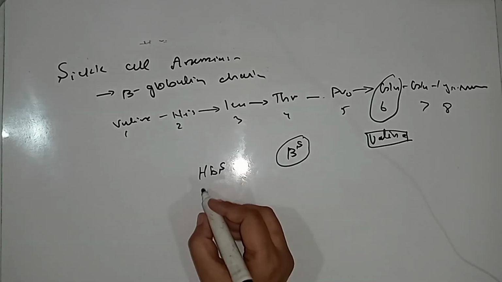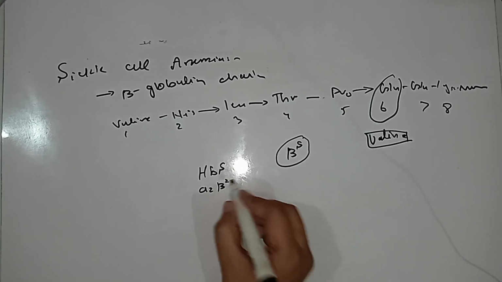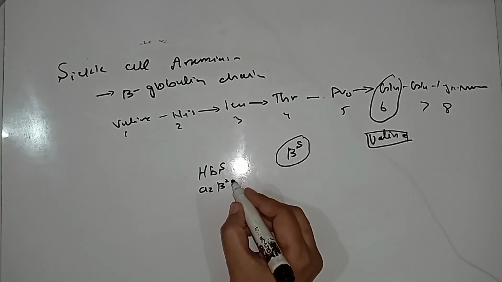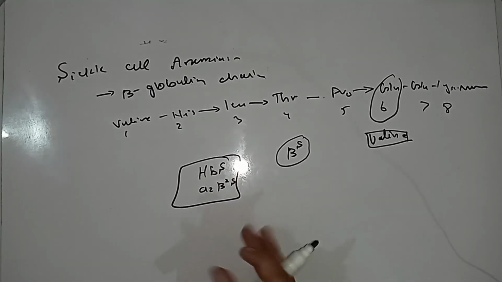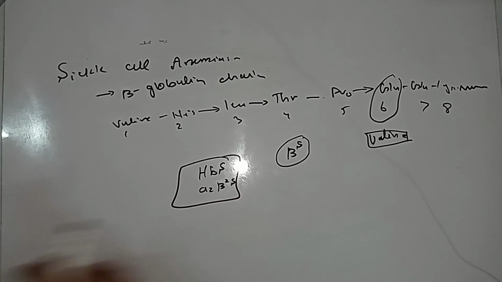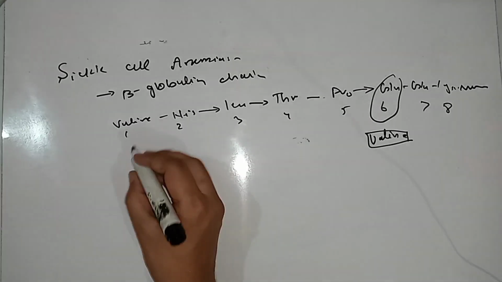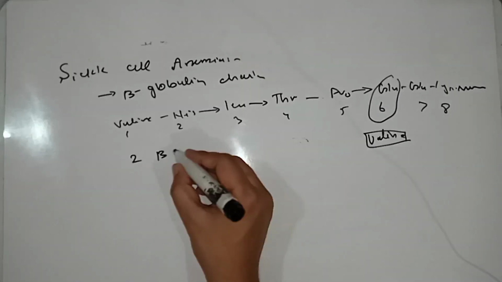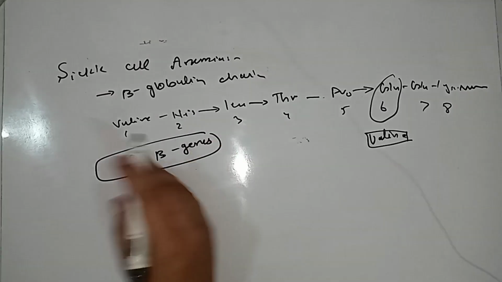For example, hemoglobin normally has 2 alpha chains and 2 beta chains. If both beta chains are of the S variety, then this is HbS. We have two beta globin genes, and if both genes are defective, then sickle cell anemia arises.